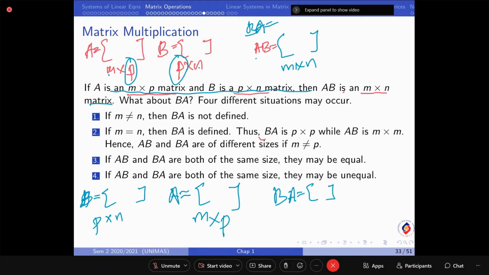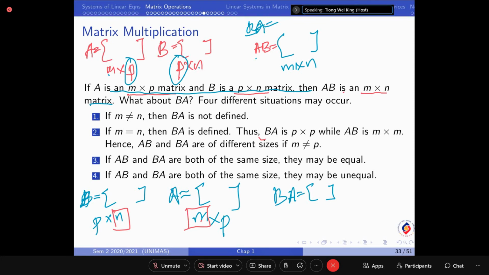Before doing the matrix multiplication, the first thing you need to check is this value. Because we don't know the values for N and M, there are many situations you need to consider.